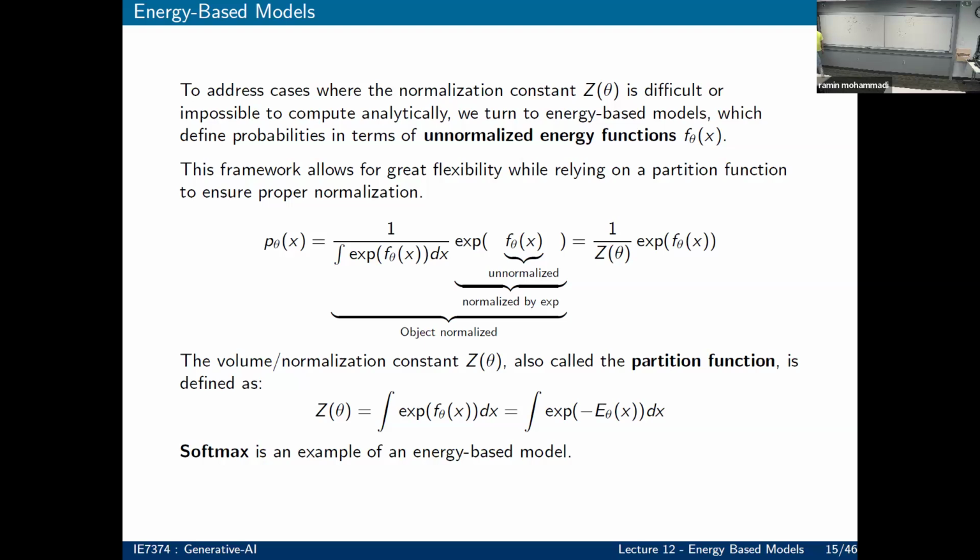So in what you saw in the first slide, there was no exponential. In the energy-based model, you will add an exponential over the function, and even in z, you will have that exponential.